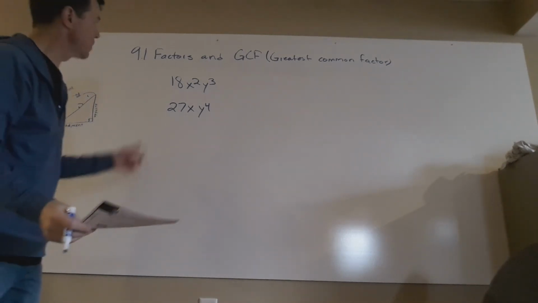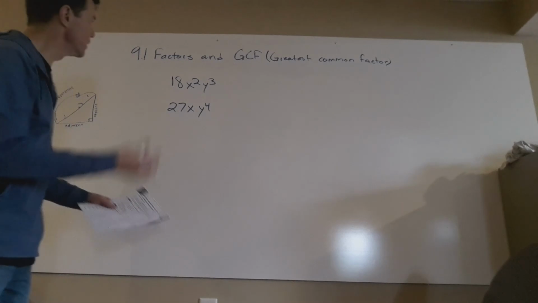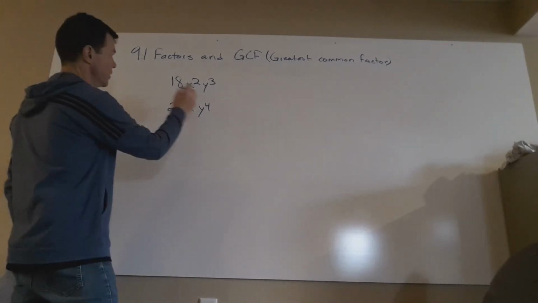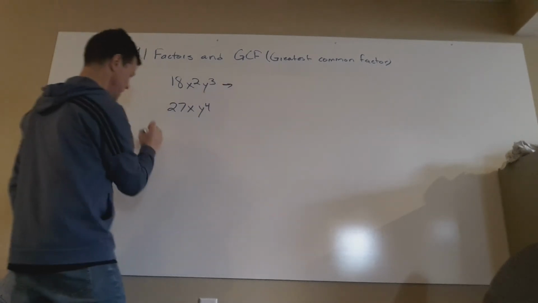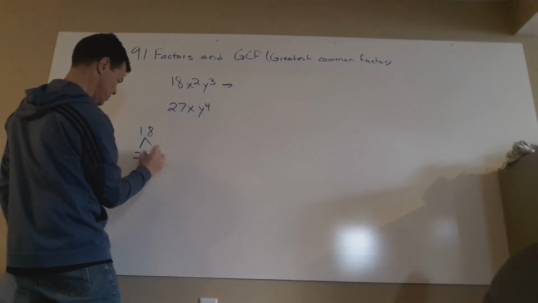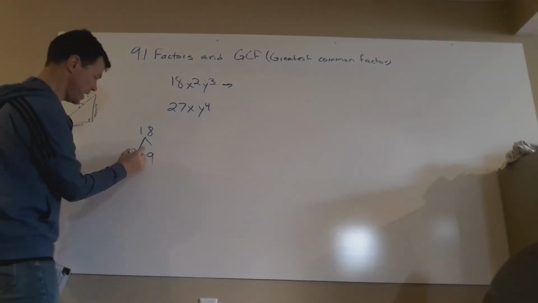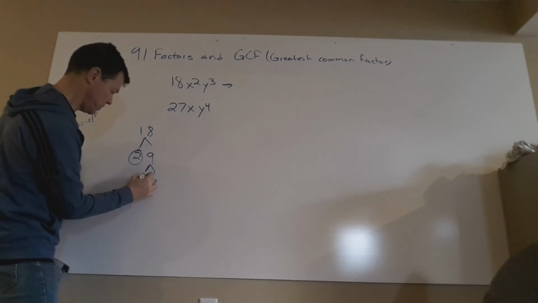Alright, so again we just want to list these, factor these completely, and then just look for things that are common. If you're not sure on what to do for factoring 18, break it down in a tree. Here's 18. Two factors of 18 are 2 and 9. 2 is prime, 9 is not. 3 times 3 will be 9.